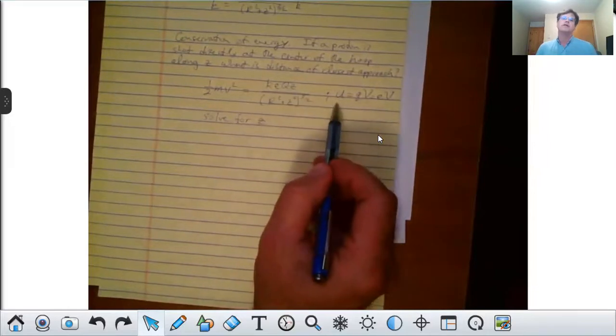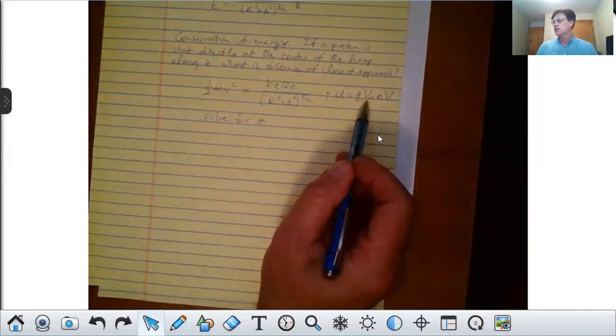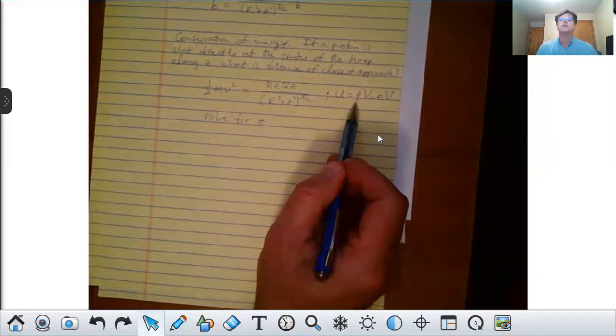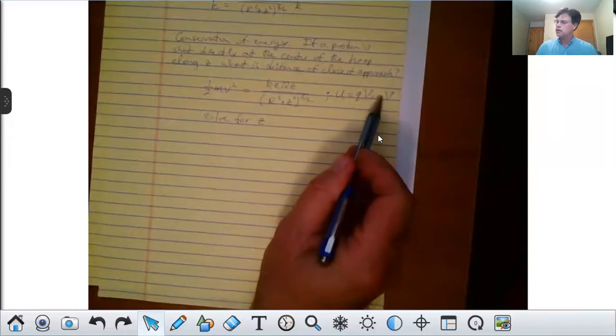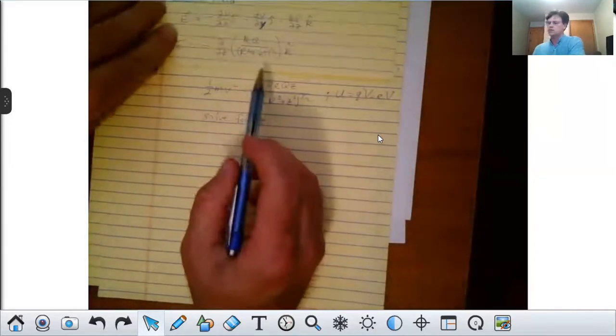Now remember, the definition of potential energy as it relates to electric potential V is that I just multiply by the test charge. So the q here is the charge on the proton that's actually coming in. It's not the source charge, which is e, that 1.6 times 10 to the negative 19 coulombs. So all I have to do is multiply e by my previous expression for the electric potential.